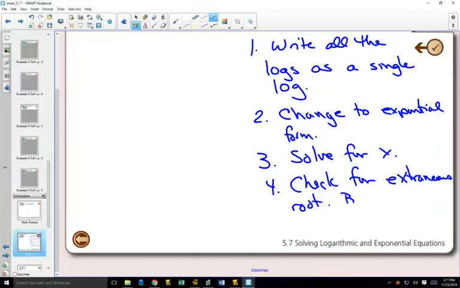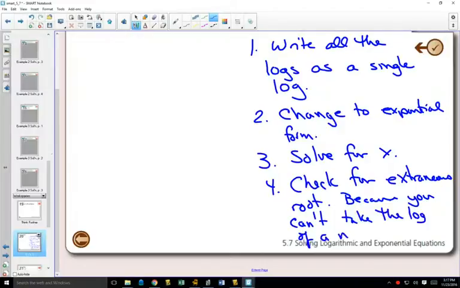Why? Because you can't take the log of a negative.